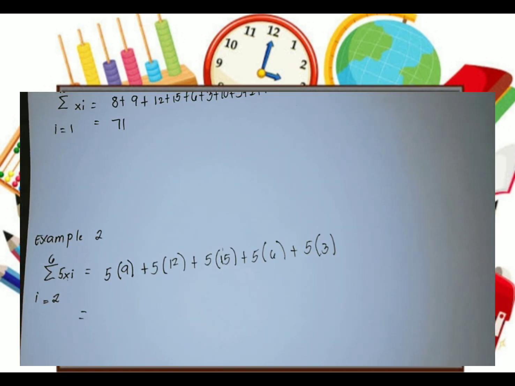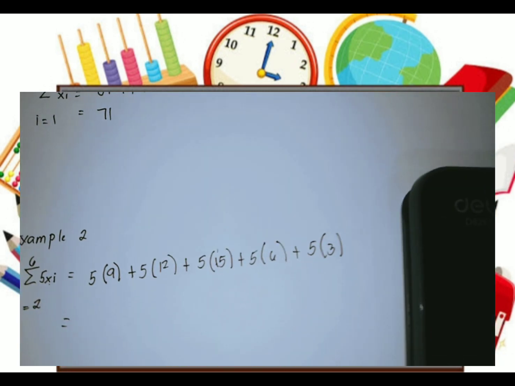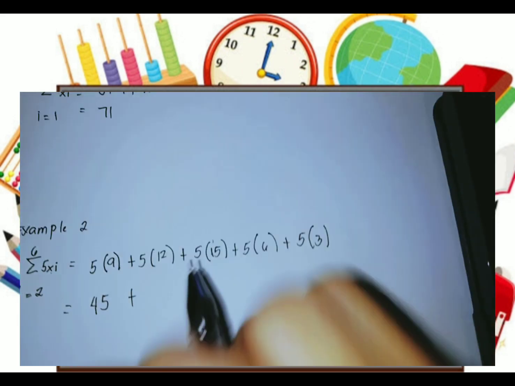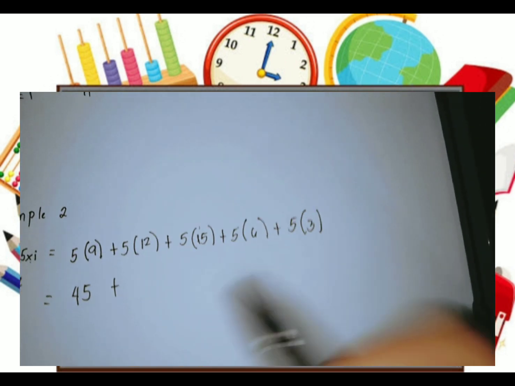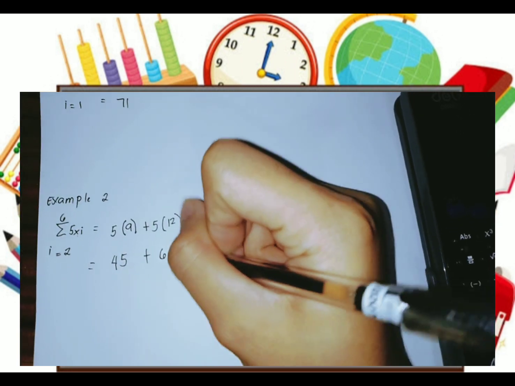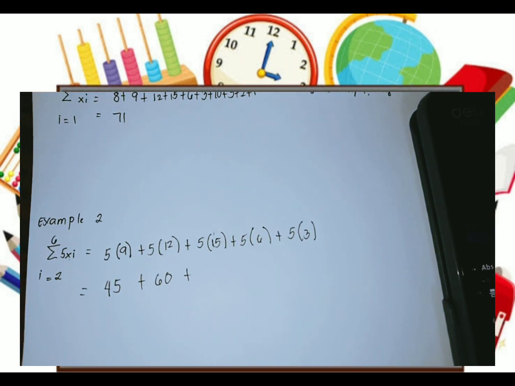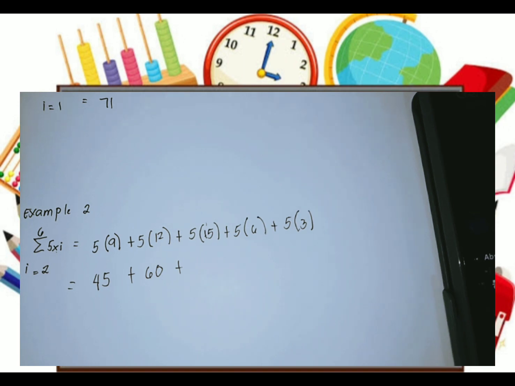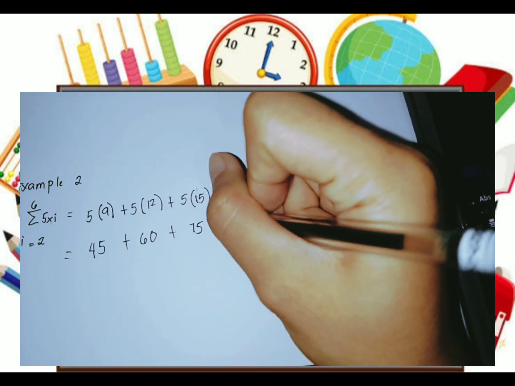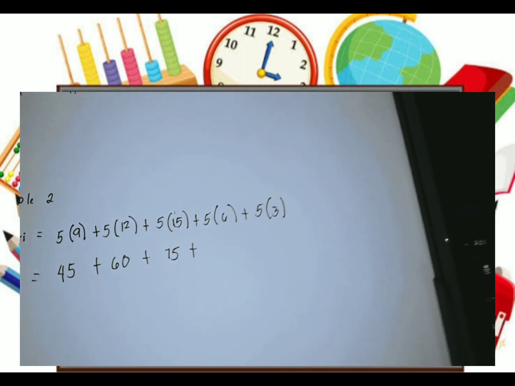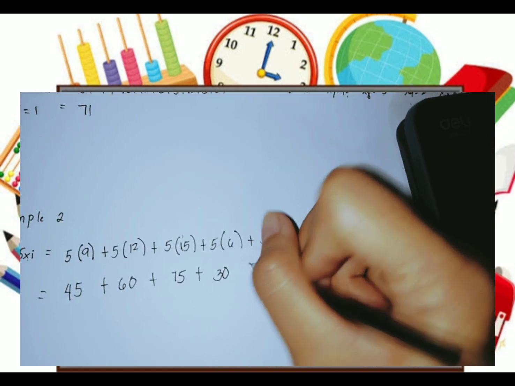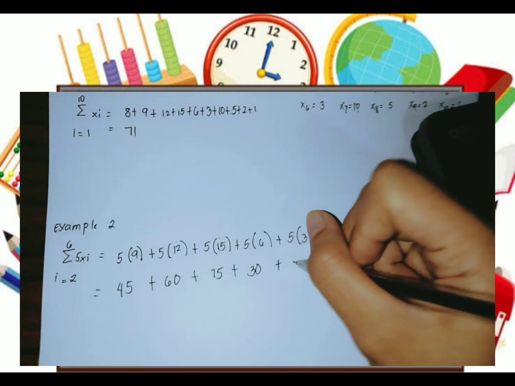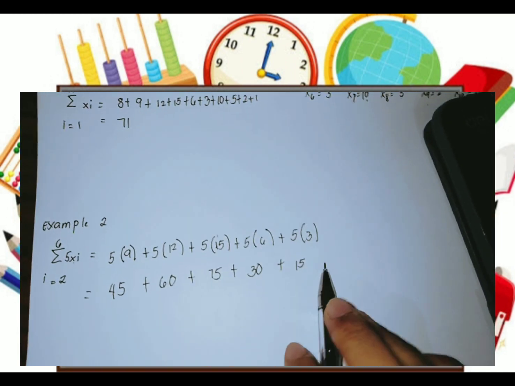Okay, so 5 times 9 is equal to 45, plus 5 times 12 is equal to 60, plus 5 times 15 is equal to 75, plus 5 times 6 is equal to 30, plus 5 times 3 is equal to 15. Now we will add.